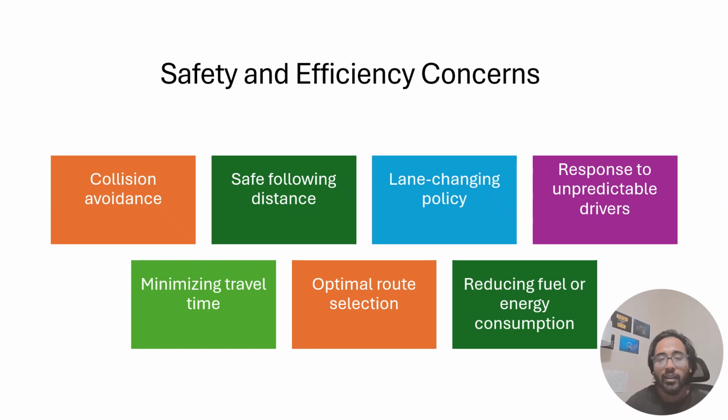As I said, safety and efficiency concerns include collision avoidance, safe following distance, lane changing policy, response to unpredictable drivers, minimizing travel time, optimal route solution, and reducing fuel or energy consumption.